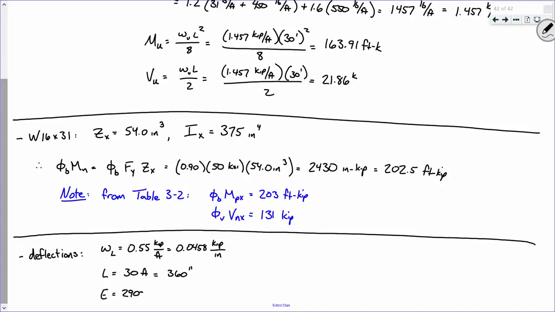And then we have Ix is 375 inches to the fourth. So, what do we have? We have a simply supported beam and we have a uniformly distributed load. So how do we compute the deflection? If you don't remember, it's in the manual, all right?